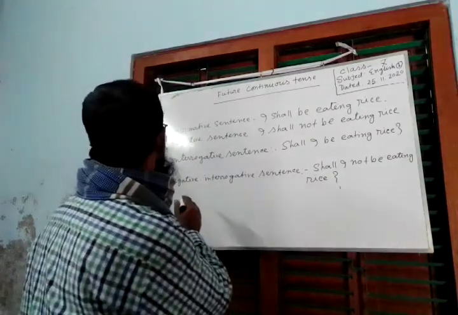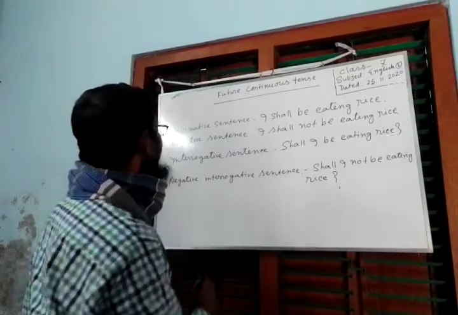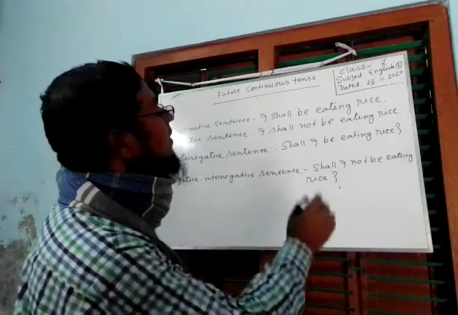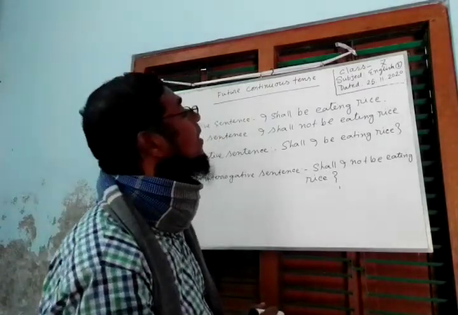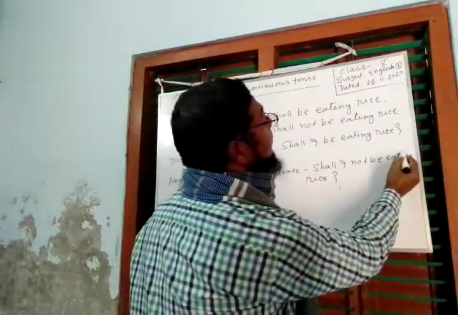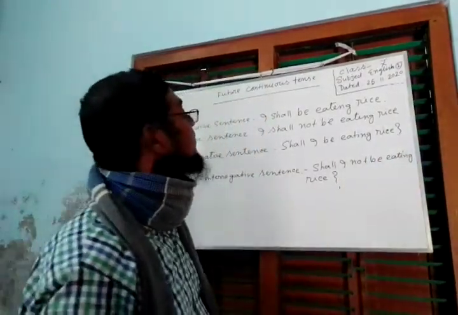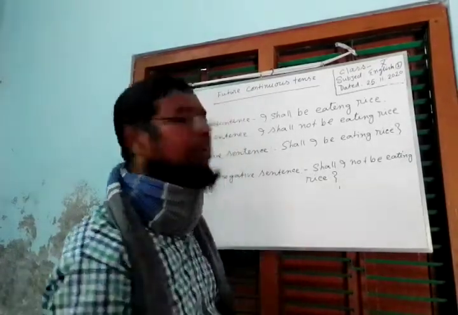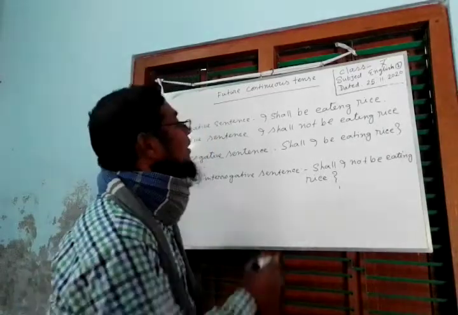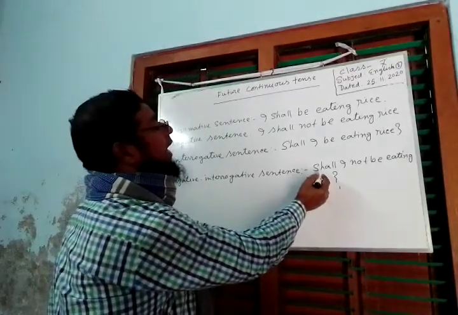Next, I have given an example of negative interrogative sentence. Shall I not be eating rice? My dear learners, look at the whiteboard and see carefully. I have written at first shall.